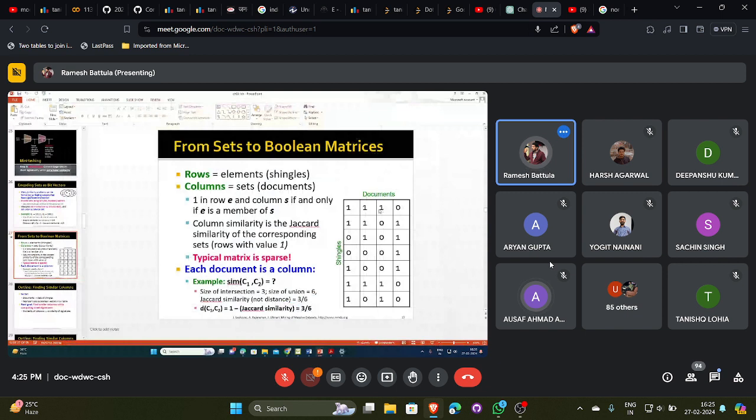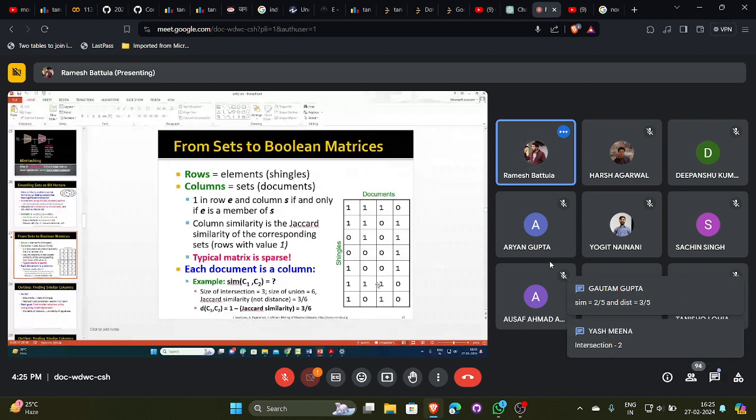Just remember, find out what is the intersection of these two documents.